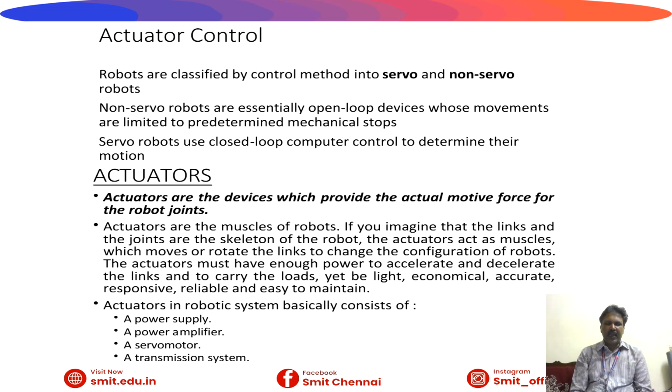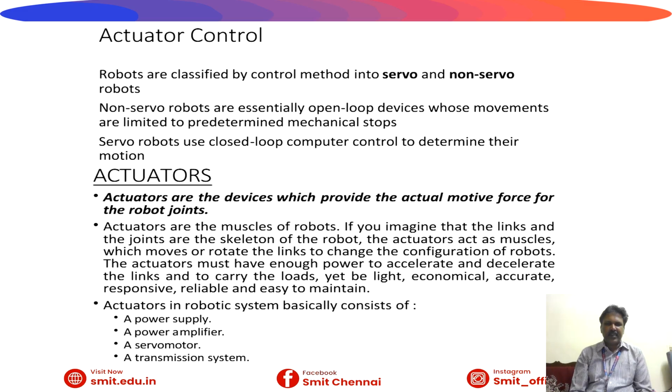The actuators must have enough power to accelerate and decelerate the links and to carry the loads. They must be light, economical, accurate, responsive, reliable, and easy to maintain. This is one important point.